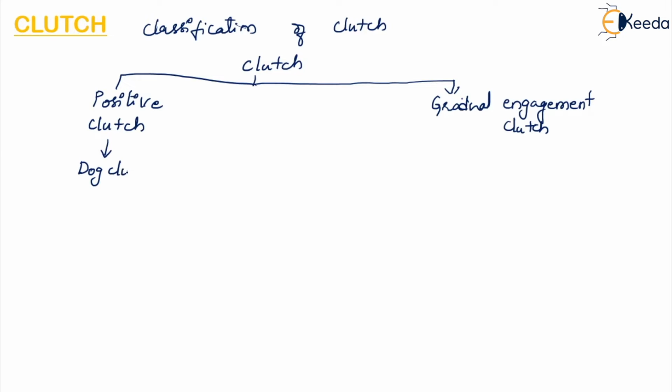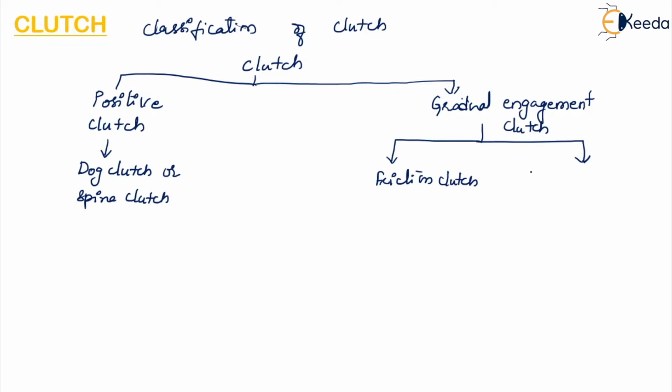The positive clutch is the dog clutch or spline clutch. Then the gradual engagement clutch is of two types, that is friction clutch and fluid clutch or fluid flywheel.